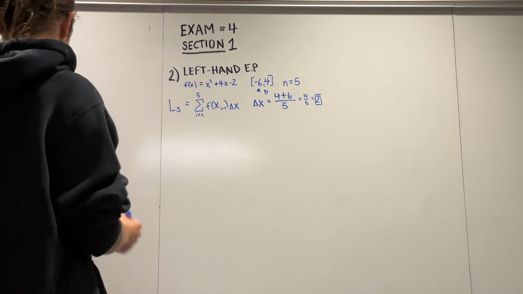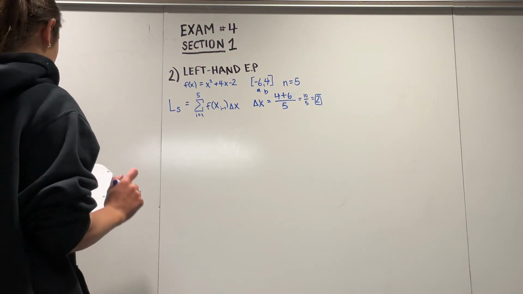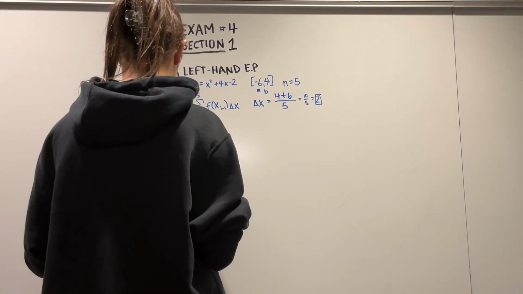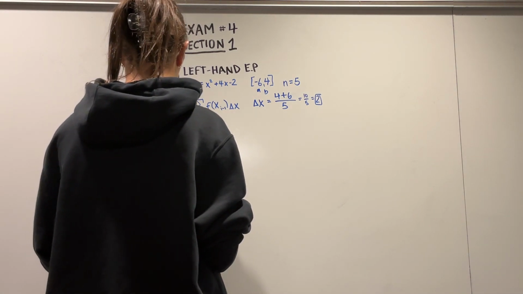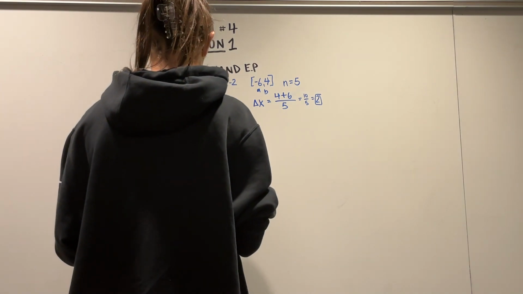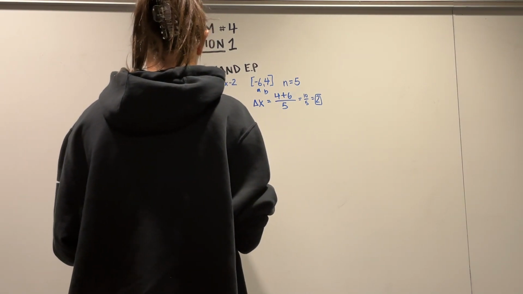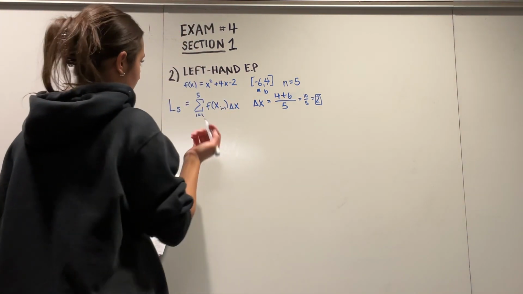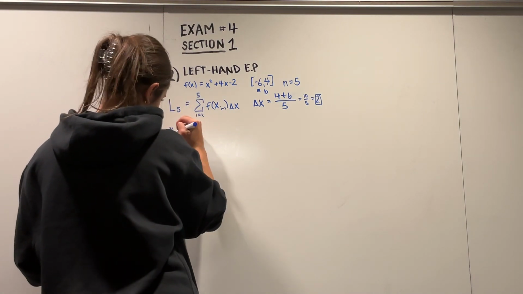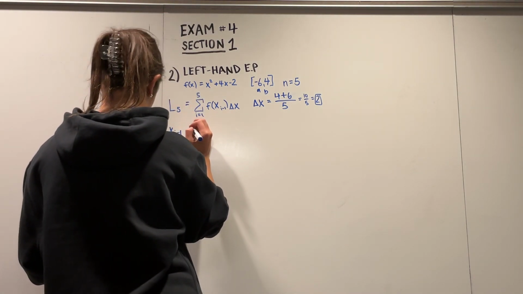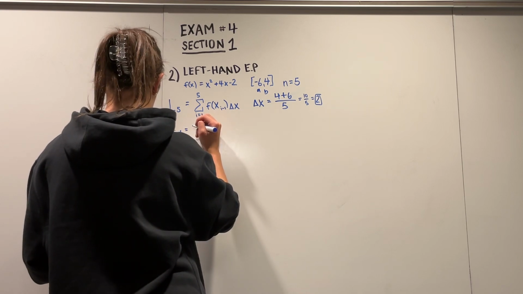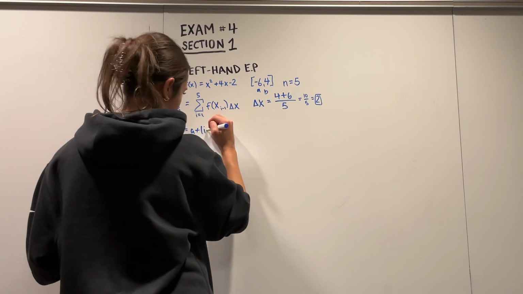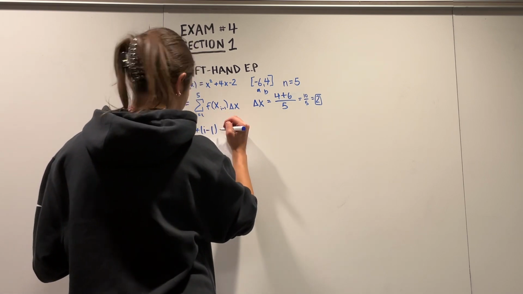So then we need to determine our left-hand endpoints. And so we'll be doing first x of i minus 1 is equal to a plus i minus 1 and delta x.